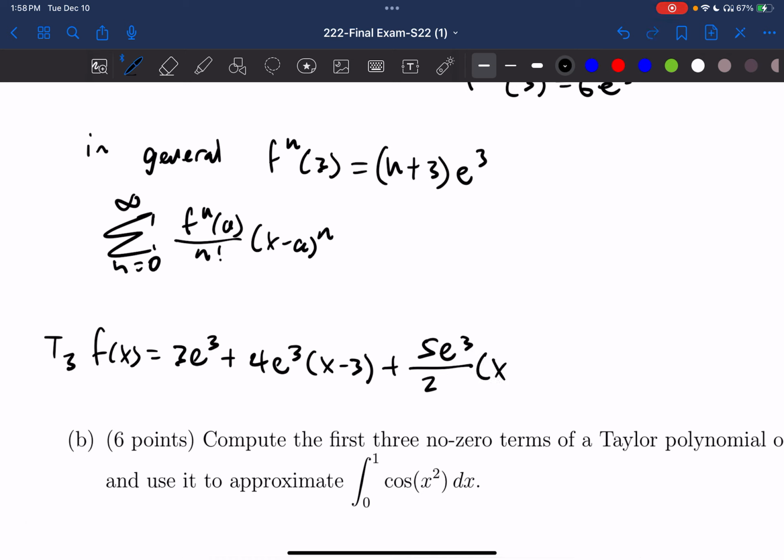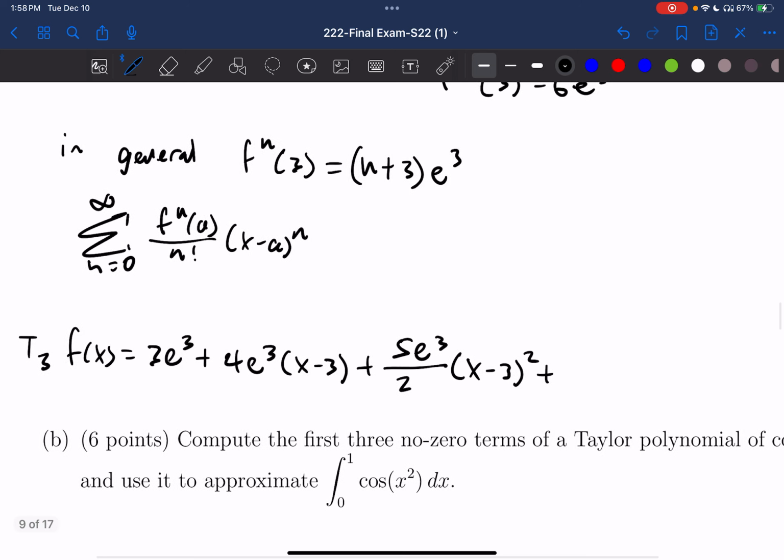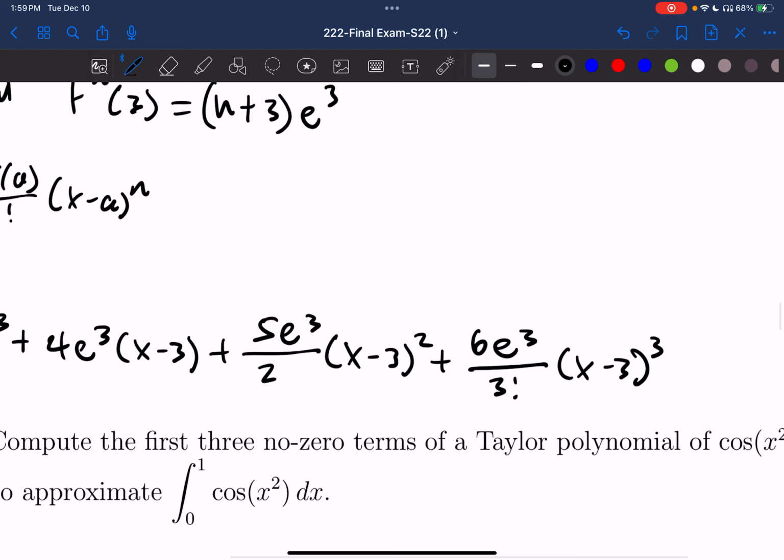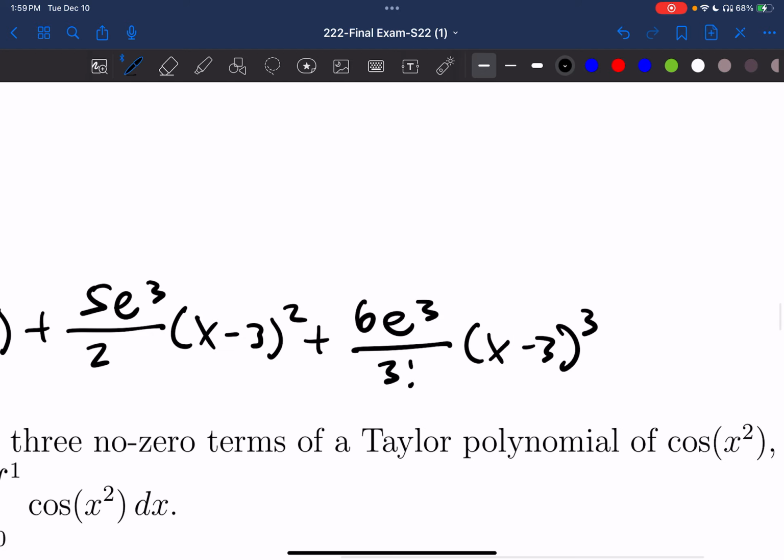And x minus a, which is 3, squared, plus 6e to the third power, divided by 3 factorial, times x minus 3 to the third power. And this is our third degree polynomial.